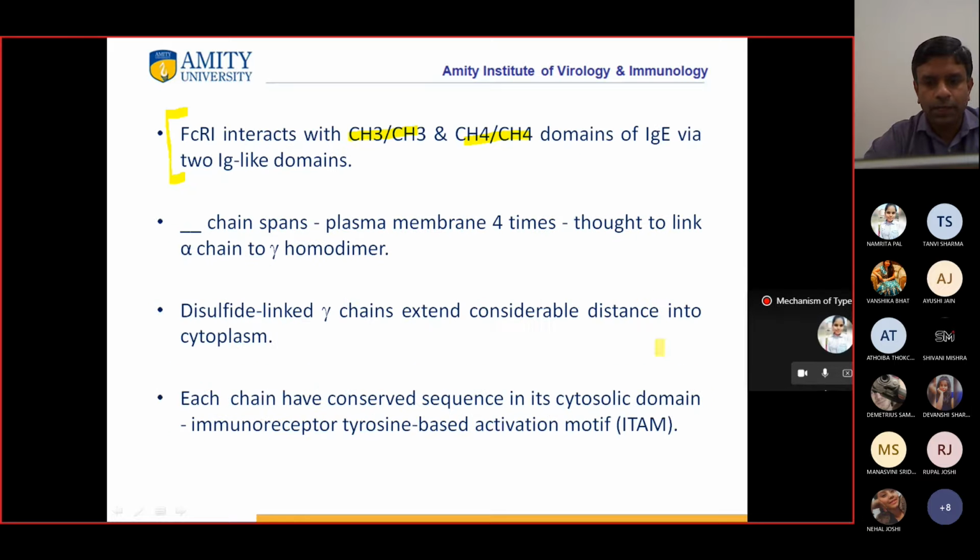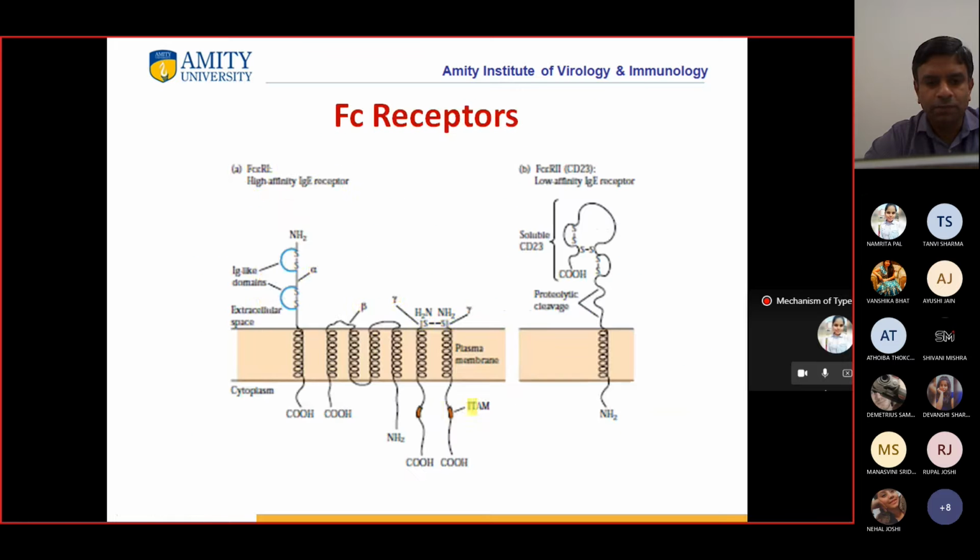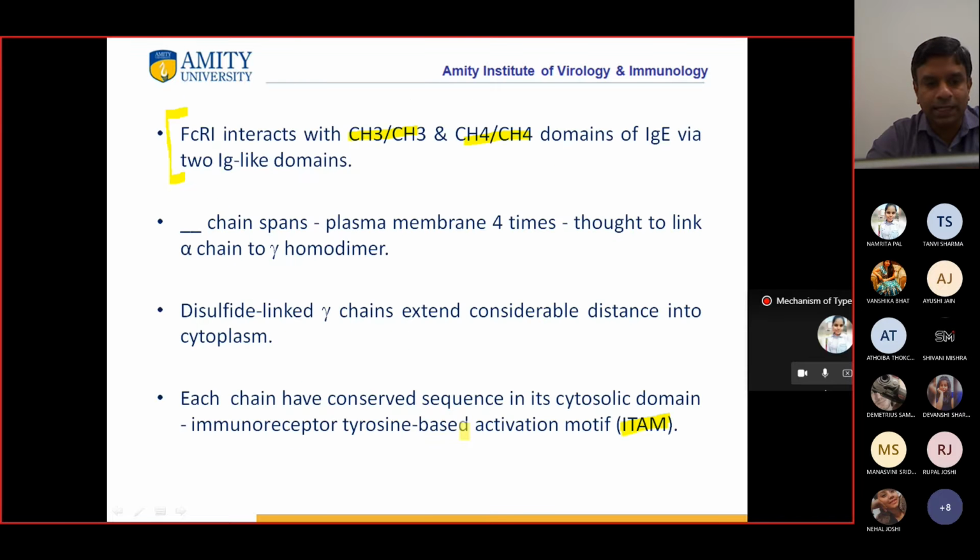Okay. So next, I said that there is ITAM. Now again, if you see this picture, there is ITAM, right? And it is on the chain which is on the cytoplasmic side, right? So it has a very long cytoplasmic tail, and this contains ITAM. So let's see.